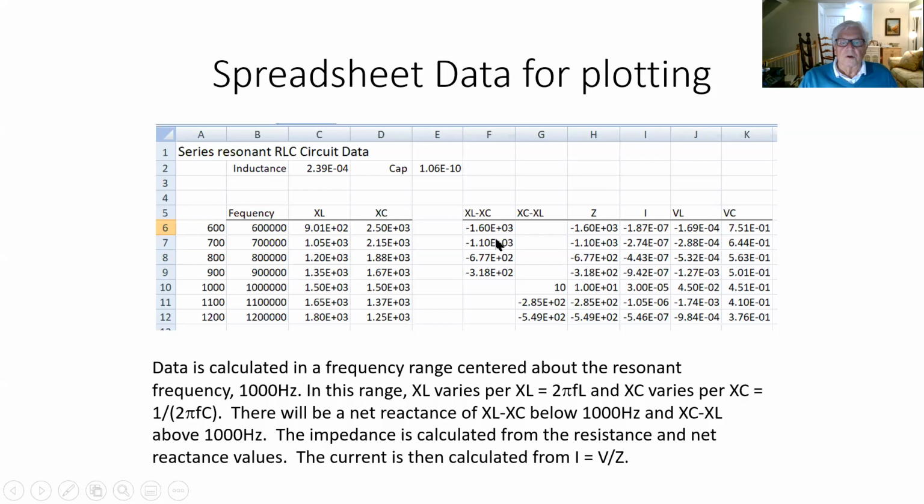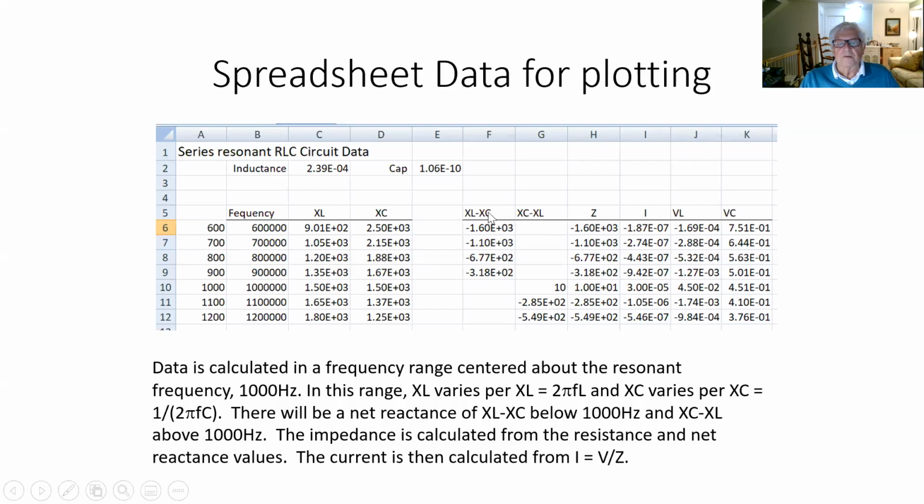We also look at the difference between these two, below and above resonance.